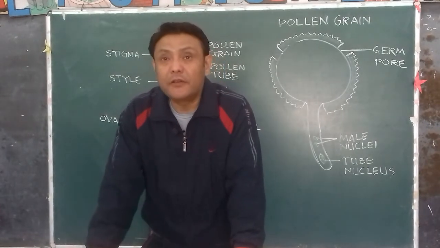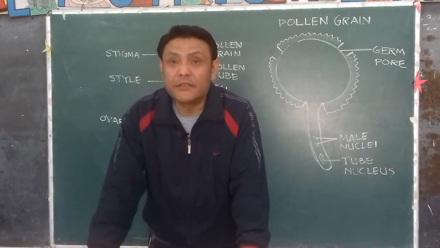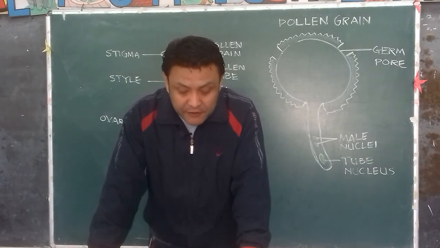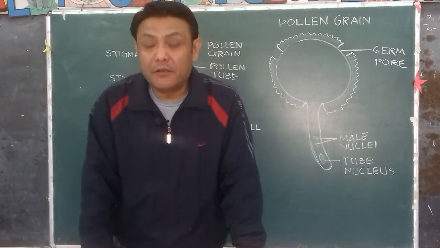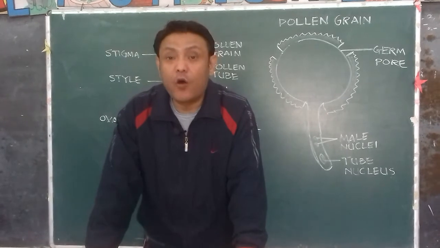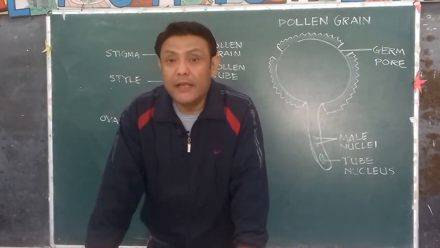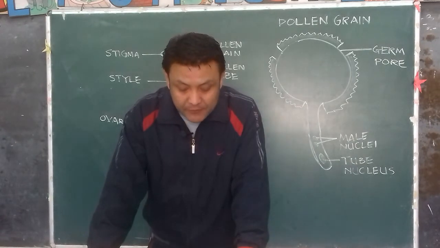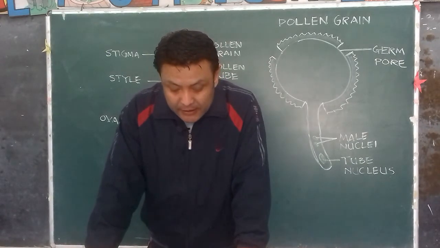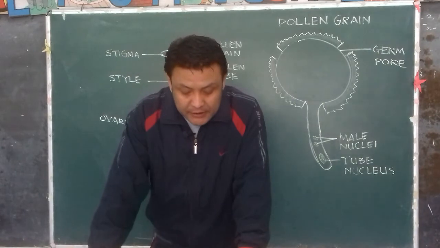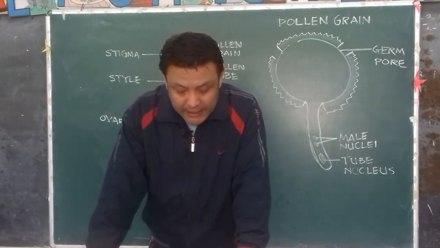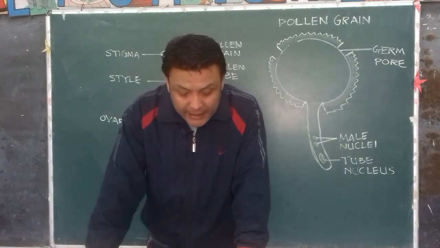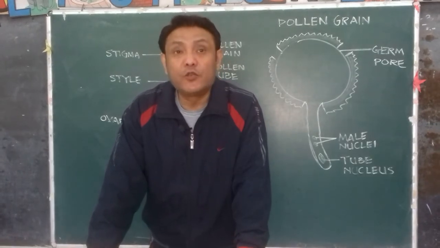Now, after the fertilization, how is the seed formed? After fertilization, the sepals, the petals, the stamens, they all fall off. Only the ovary will be left. The stigma and the style also wither away. The ovary containing ovules, each with a fertilized egg or the zygote, continues to grow, and this zygote divides into two and grows into an embryo.